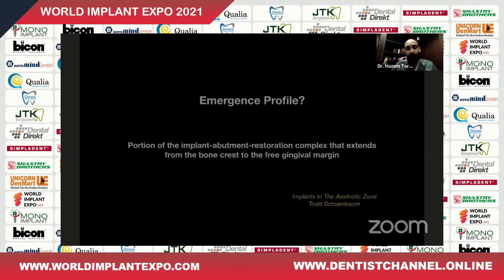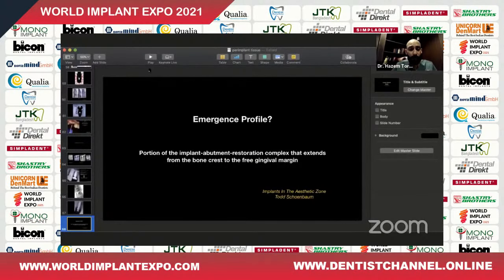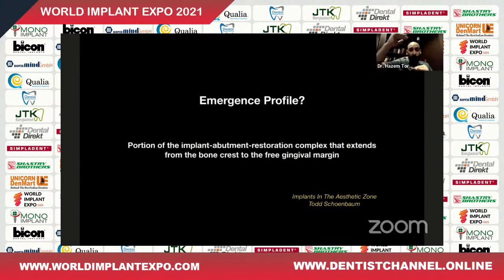Now, the portion of the implant abutment restoration complex that extends from the bone crest to the free gingival margin, this is the emergence profile. It's not about aesthetics, it's not about shape. Emergence profile is an environment, an assembly, a phrase that describes the bone condition, the tissue condition, the biological width, the attachment, the abutment design.